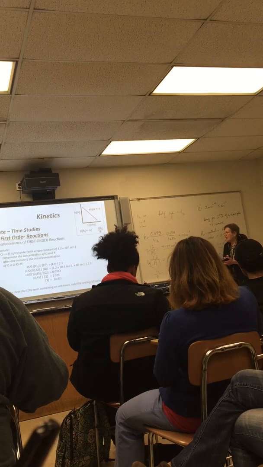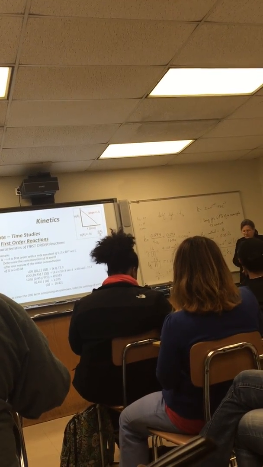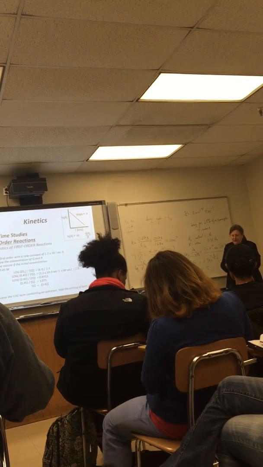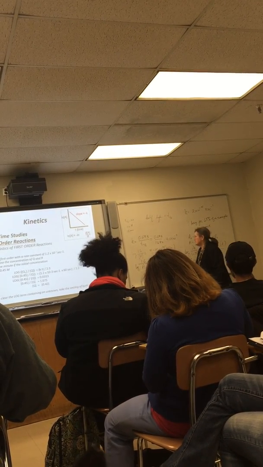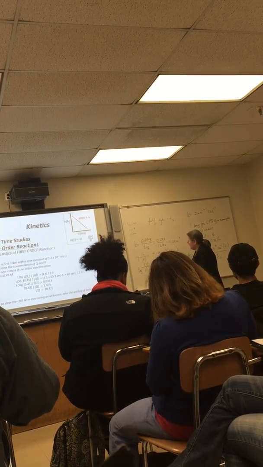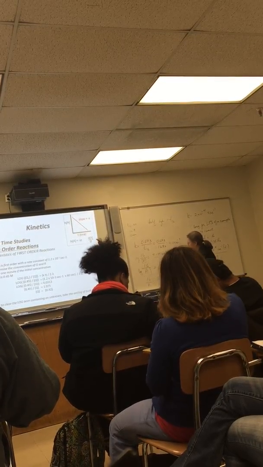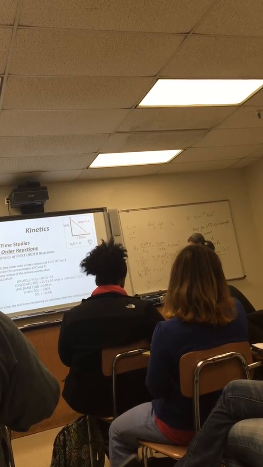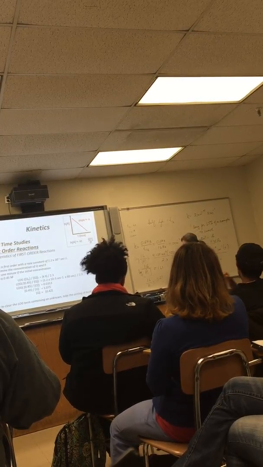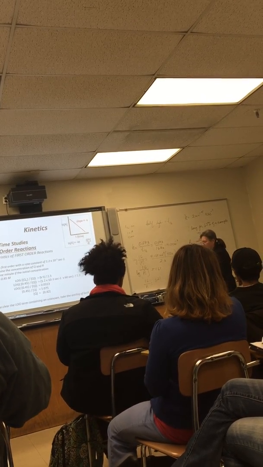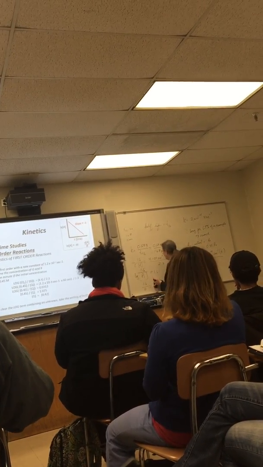So 1.6 divided by 0.21 gives you 7.6. Would it be 41? Then we try it again. Pushing the wrong button again. 1.61, I have to take the anti-log. 40.1. Thank you.